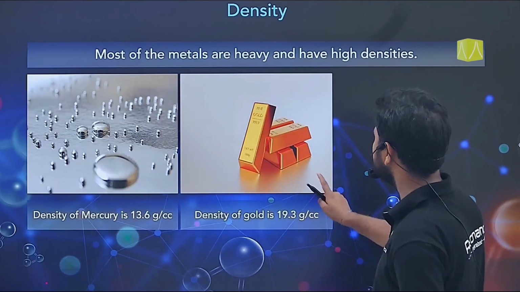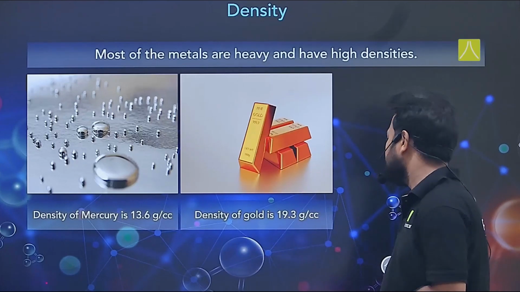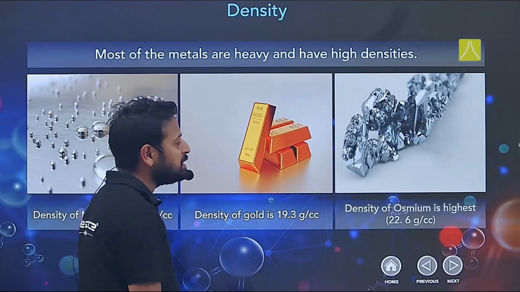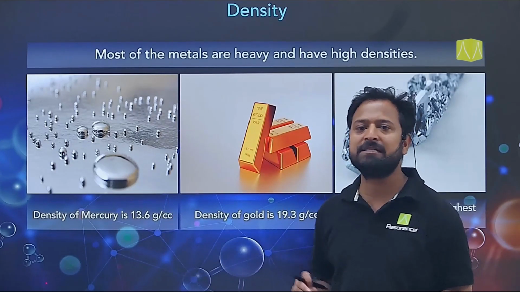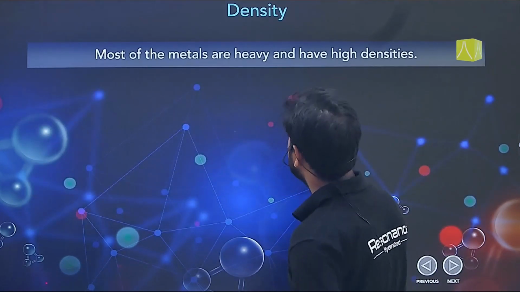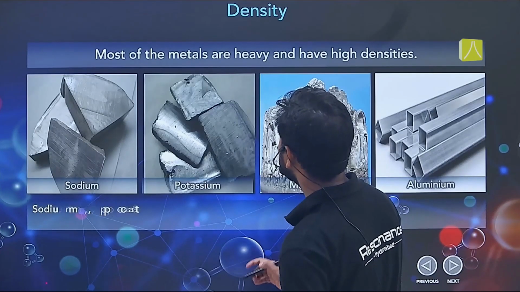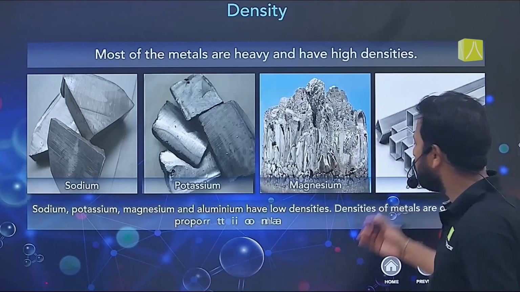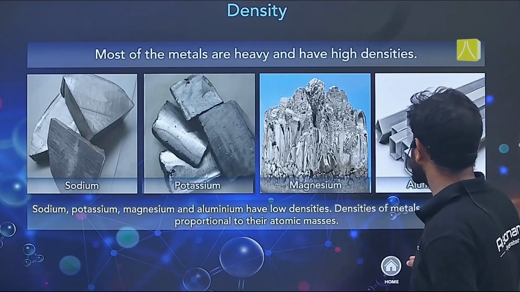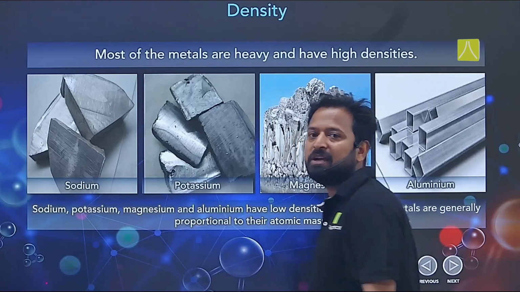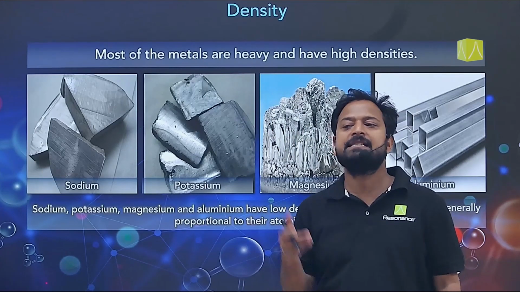The density of gold is 19.3 gram per cubic centimeter. The density of osmium is the highest, that is 22.6 gram per cc. Sodium, potassium, magnesium and aluminium have low density, which is an exception. Densities of metals are generally proportional to their atomic masses, so if atomic mass is more, density will be more.